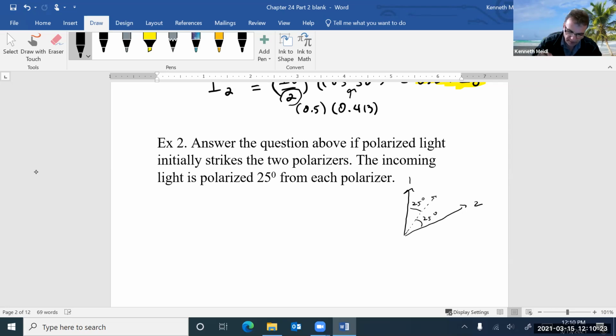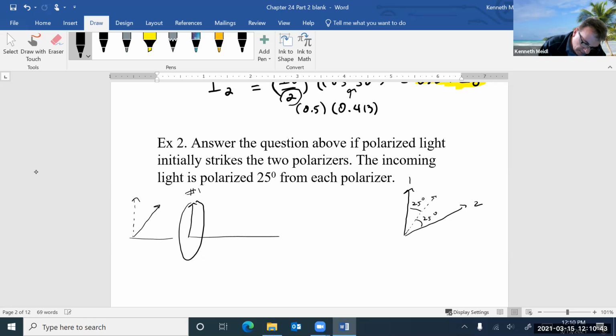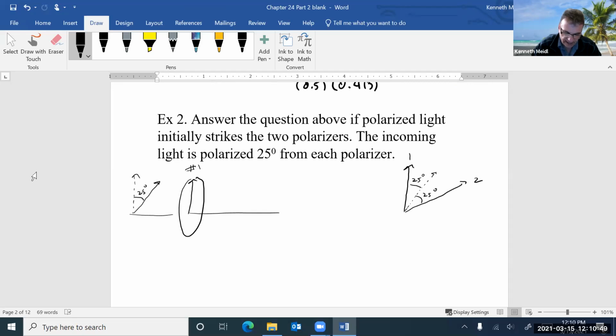And so when I'm thinking about this, I've got my first polarizer here, and the light's already coming in. So I've got my first disk right there, and the light's coming in, and it is 25 degrees from that. And so that's a calculation, right? I already have light that is lined up hitting another polarizer.